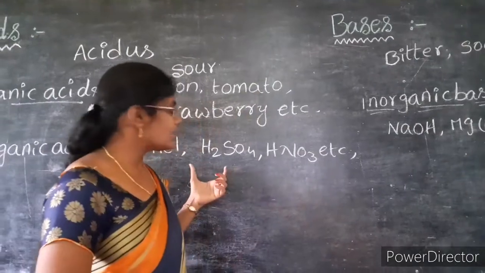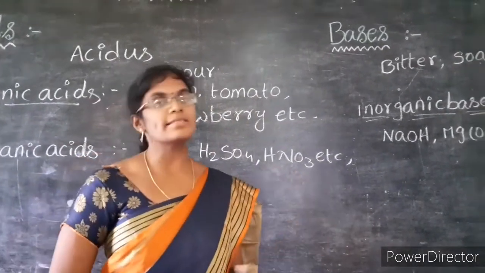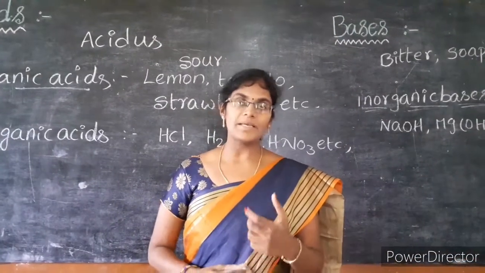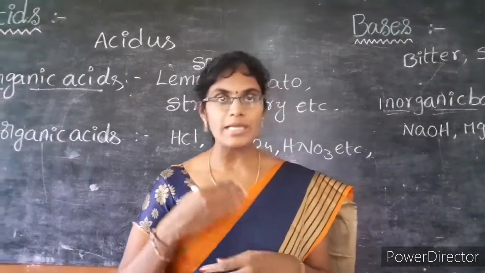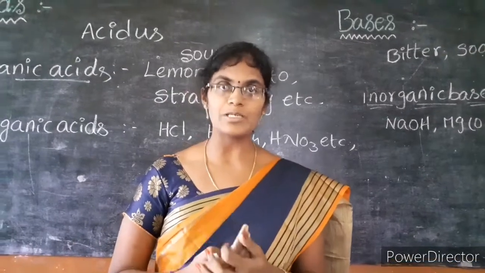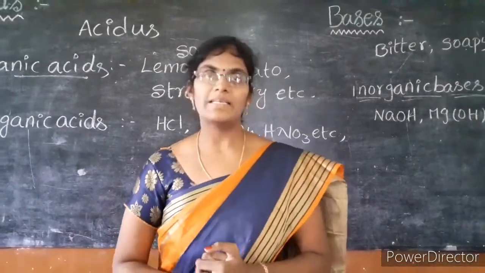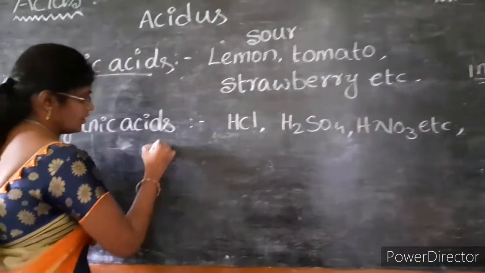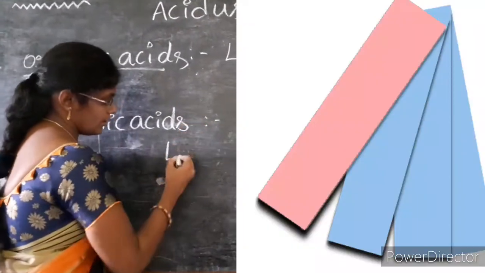So we'll test these inorganic acids and bases with the help of indicators. Indicators means substances which are helpful to identify whether a substance is acidic or basic. In indicators, you already know litmus paper.